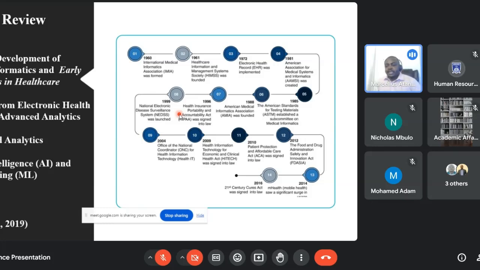From 1960 up to 2016, based on the papers that we have collected, we see how we evolved from basic paper information collection systems to advanced electronic systems, coming along with telenet and mobile health, as we saw earlier.